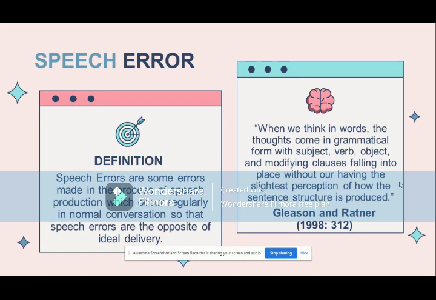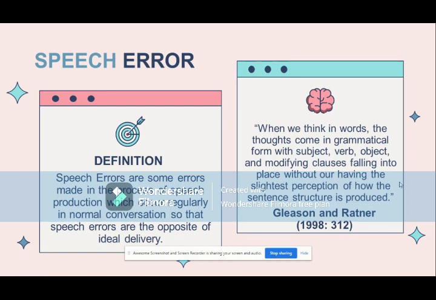Although this is basically correct, it is not always the case that thoughts come in correct grammatical form, nor that we always select the right words to express the meaning we wish to convey. A speech error is a deviation, conscious or unconscious, from the apparently intended form of an utterance.